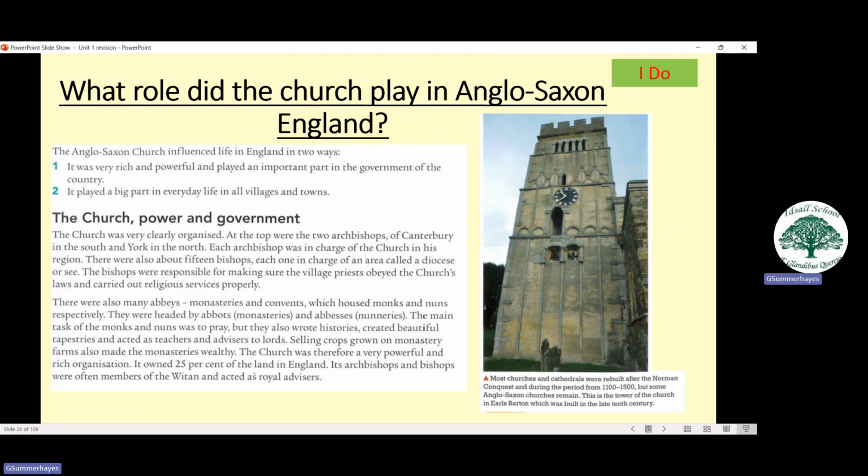And they then had 15 bishops in their different dioceses, which were similar to the shires, or I suppose slightly smaller than earldoms, if there's 15 of them. These dioceses are different areas, and there's one area that a bishop controls.